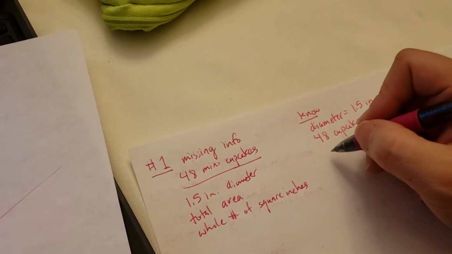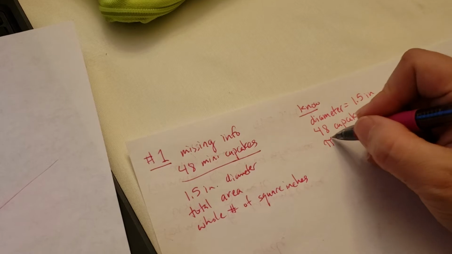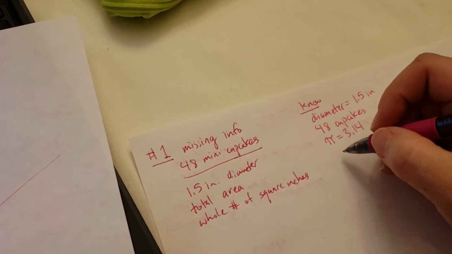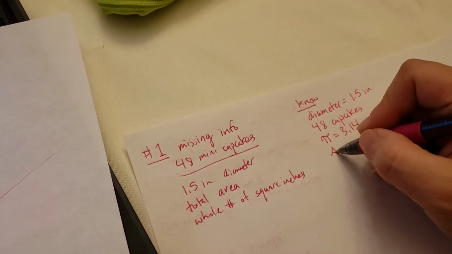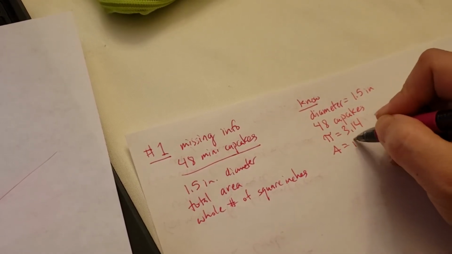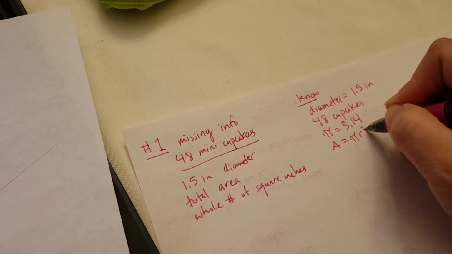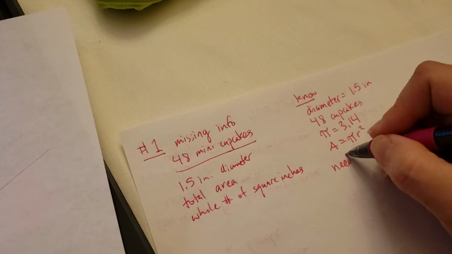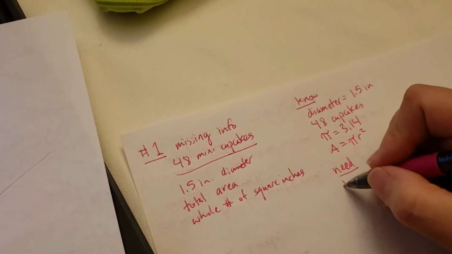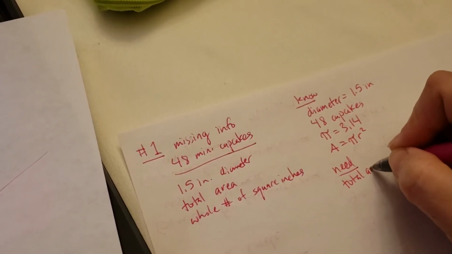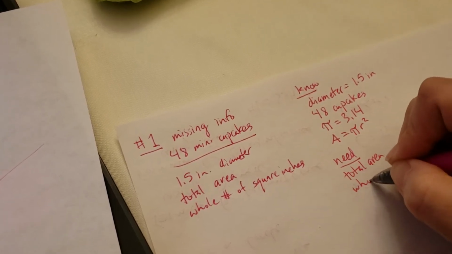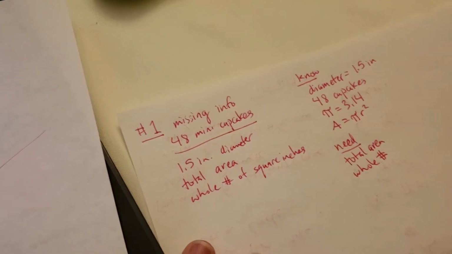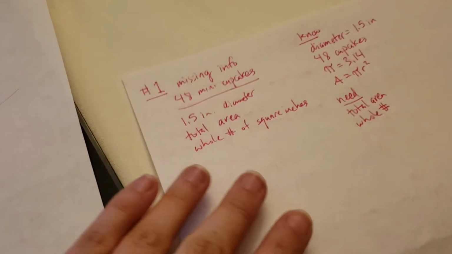We know that pi is going to be 3.14. We know that we need the area, so we're going to use the area equation. And we know in the end that we're going to need the total area as a whole number. I call it whole hashtag, and the kids roll their eyes at me so much.